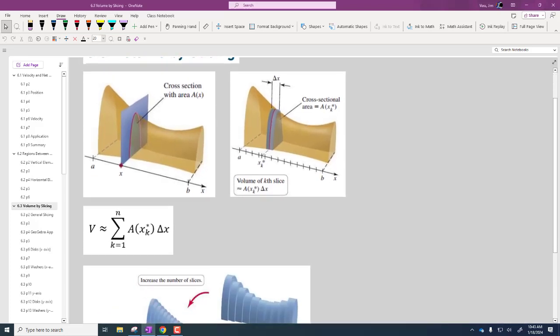Now, we're imagining this volume, and the idea is that we want to create slices, and a cross-section is going to be 2 dimensions. And then when we call it a slice, we're really thinking of adding a little bit of thickness to it, like the dx or the dy.